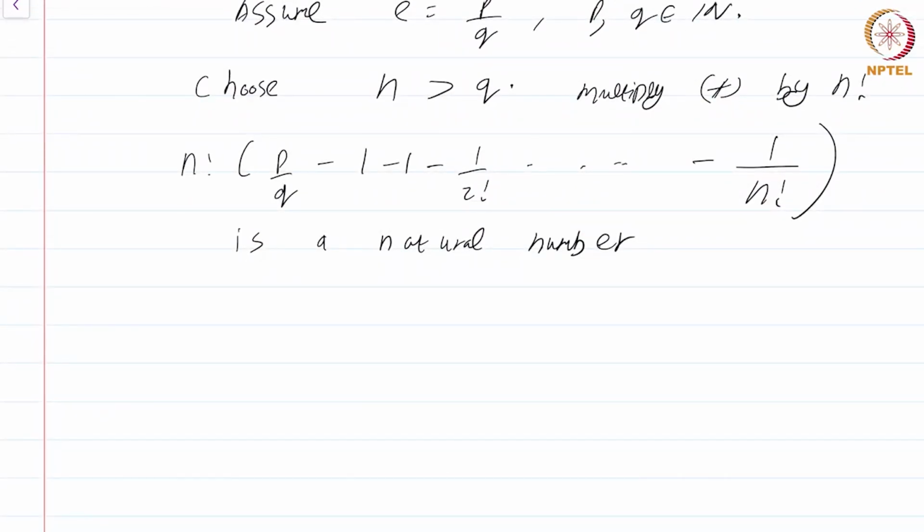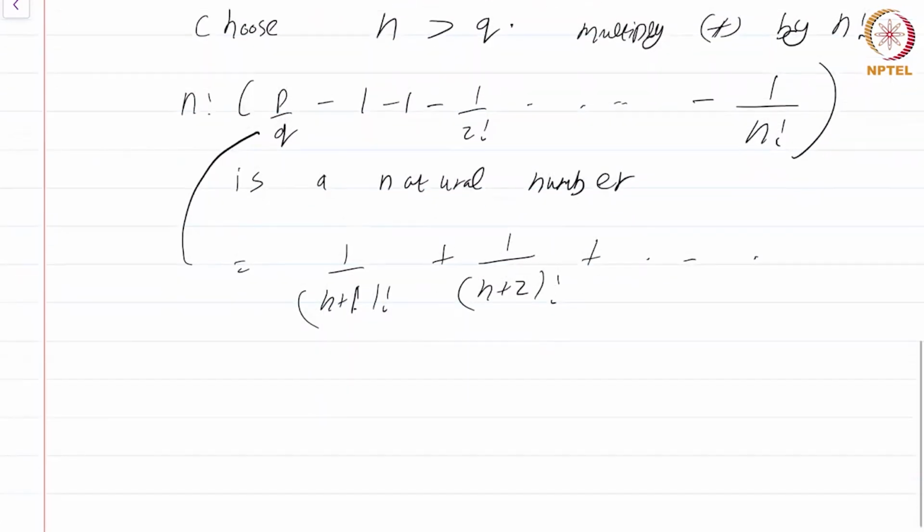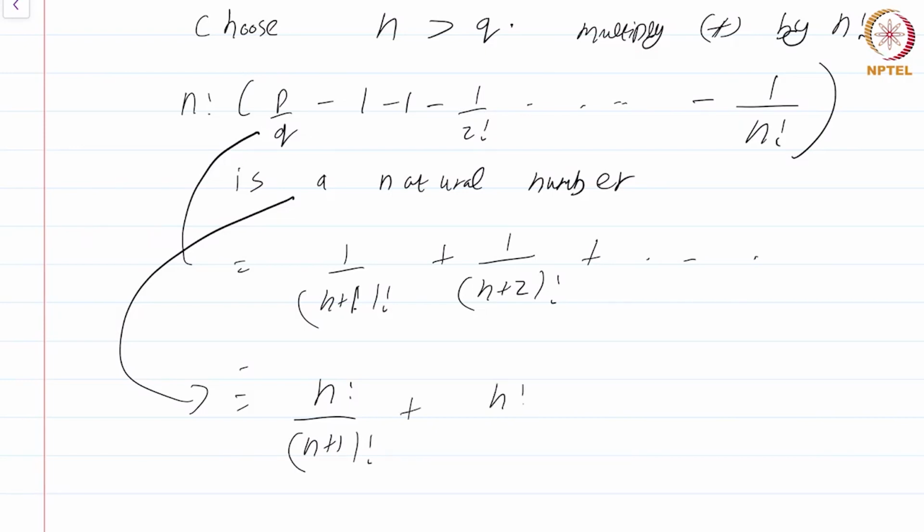But this expression e minus 1 minus 1 minus 1 by 2 factorial was actually equal to 1 by n plus 1 factorial plus 1 by n plus 2 factorial plus so on, right? So let's multiply this by n factorial. Whatever this natural number is, it's got to be equal to n factorial divided by n plus 1 factorial plus n factorial divided by n plus 2 factorial plus so on, right?